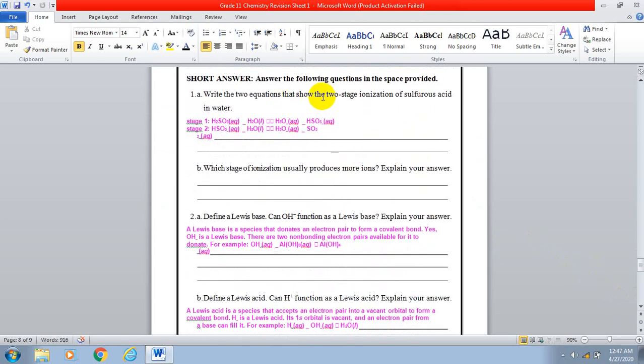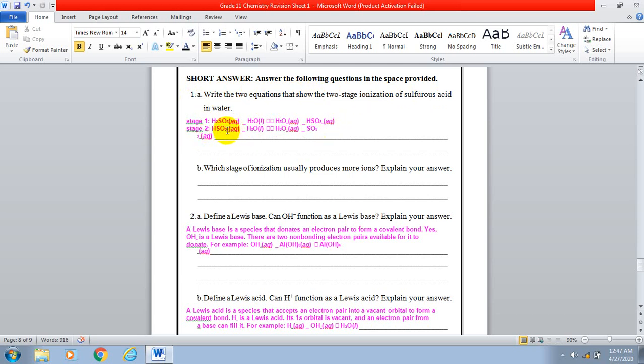Short answers in the following questions in the space provided. Look at the first A option. Write two equations that show the two-stage ionization of sulfurous acid in water. Stage 1: H2SO3 plus H2O yields H3O plus and HSO3 minus aqueous.